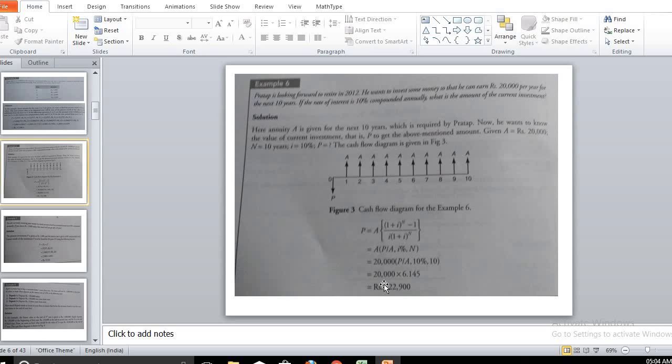So this example is based on finding the particular amount invested so that we can get an annuity each year for a particular period of time. These examples are based on each particular term, such as a given annuity and future worth analysis, etc. So the next example is based on the future worth analysis.